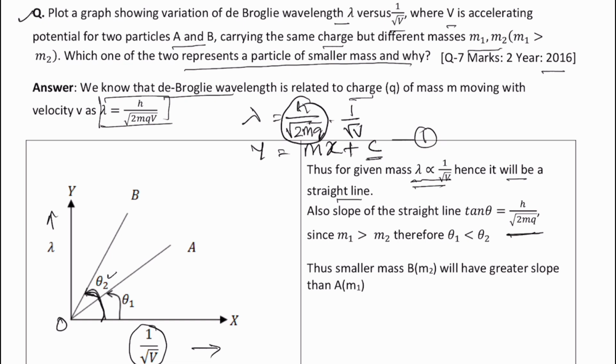Since m1 is greater than m2, theta 1 should be less than theta 2. The slope is inversely proportional to the square root of m, so where mass is more, tan theta will be less. Since m1 is greater than m2, theta 1 will be less than theta 2. Thus the smaller mass m2 will have the greater slope. That's the explanation.